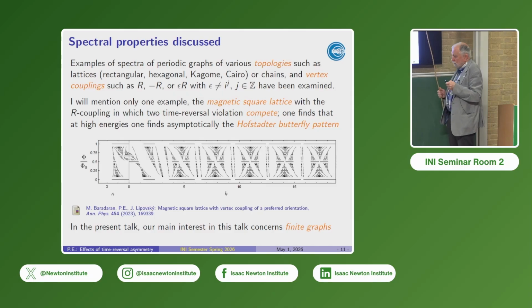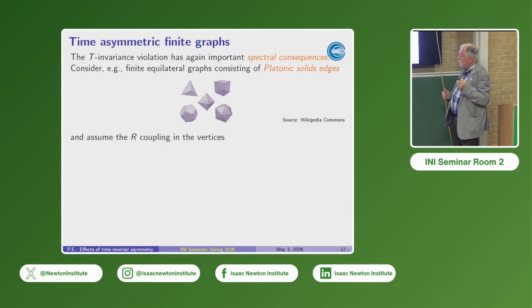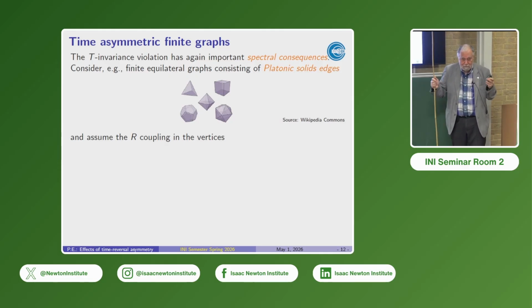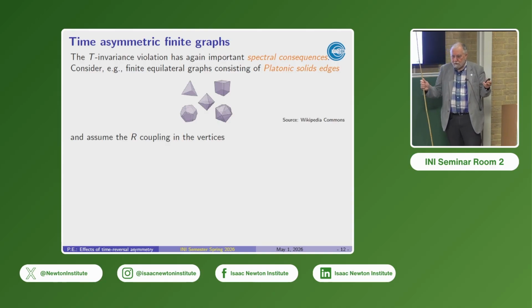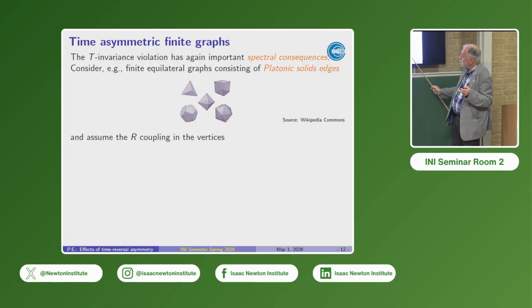Now, the basic subject of my talk is finite graphs. In finite graphs, you also see the difference between graphs with vertices of different parity. As an example, you can take graphs which correspond to the edges of these Platonic solids. If you look at their discrete spectrum, it differs from one to another.